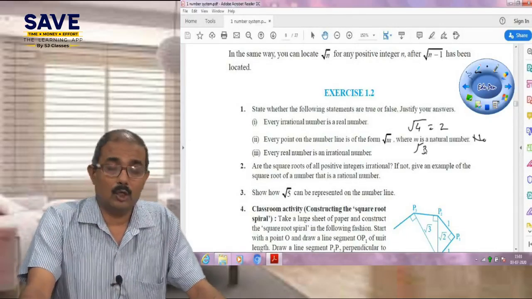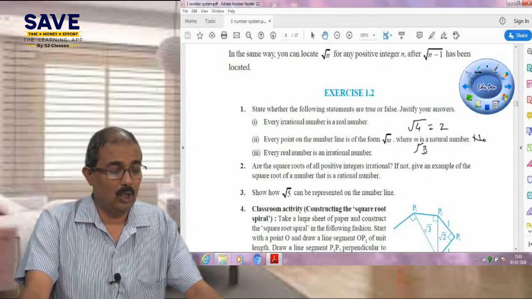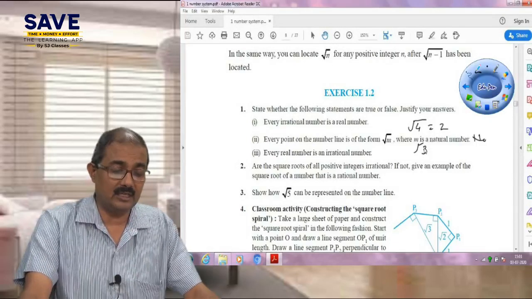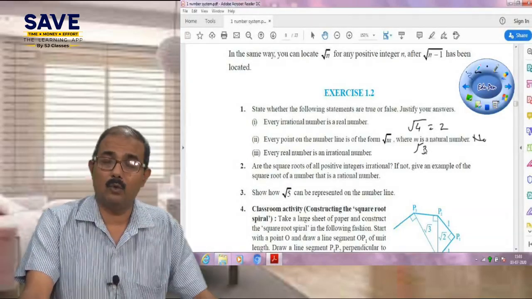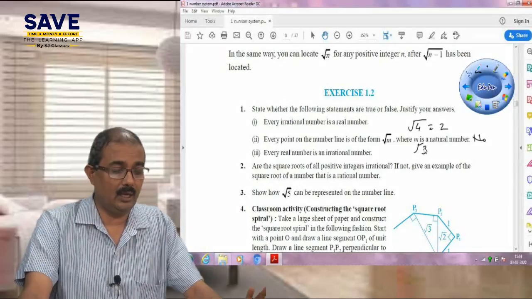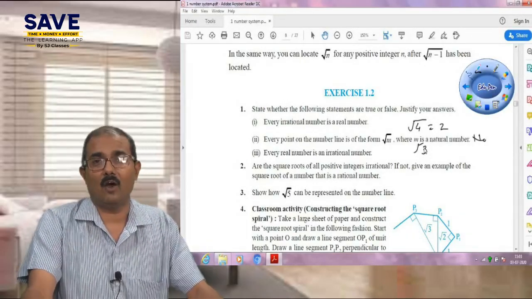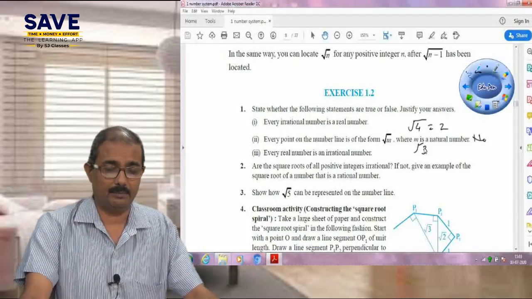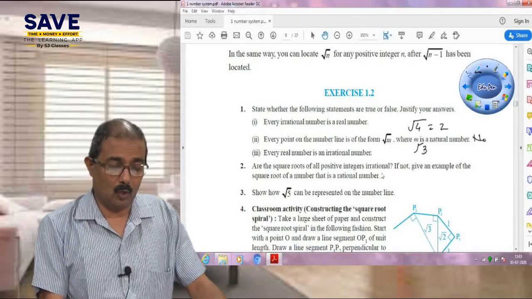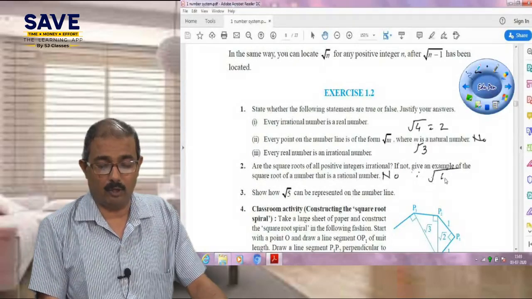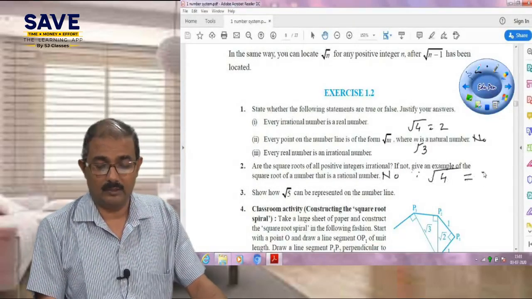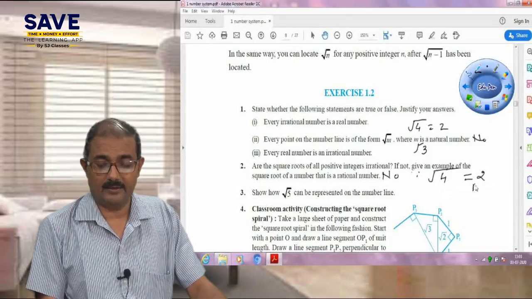Now question number 2 of exercise 1.2. All square roots of positive integers are irrational numbers. And I have already told you that all square roots are not irrational numbers. I gave you an example also. No, because square root of 4, again and again I am giving you this example, is equal to 2, which is a rational number.